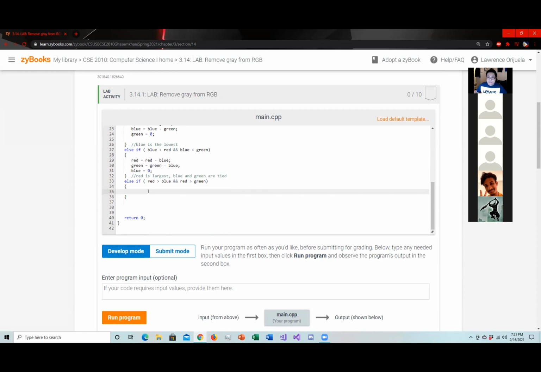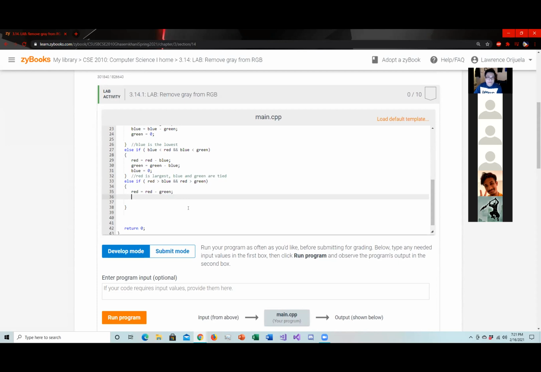Sure. Okay, and then in this scenario, I can either subtract green or blue from all 3. Makes no difference. Like red equals red minus green. I could use blue in its place because in this scenario, blue and green are equal, but it doesn't matter.